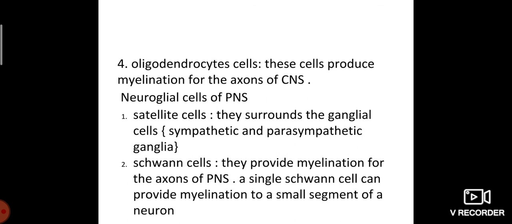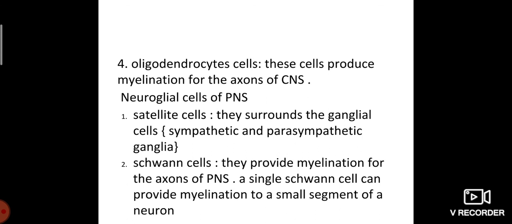For providing myelination to a long axon of the peripheral nervous system, a single Schwann cell can provide myelination to only a small segment. That means a single axon takes many such Schwann cells for its complete myelination. Many Schwann cells are needed for the myelination of a single neuron.